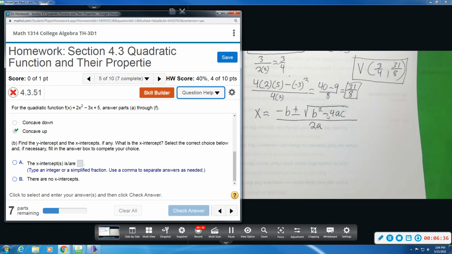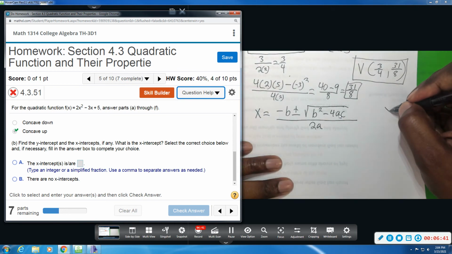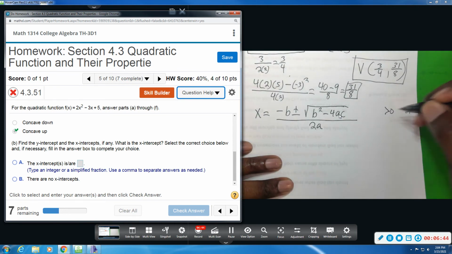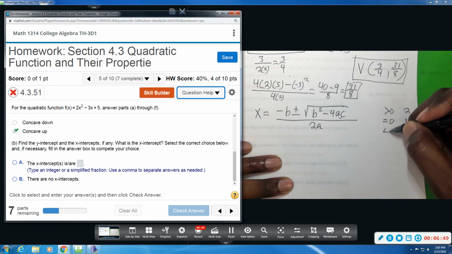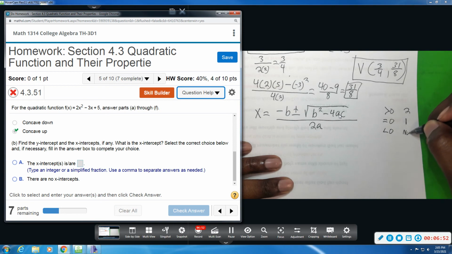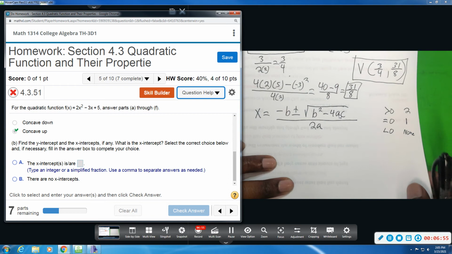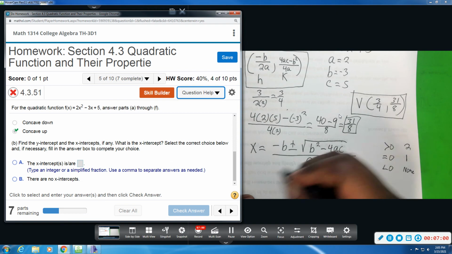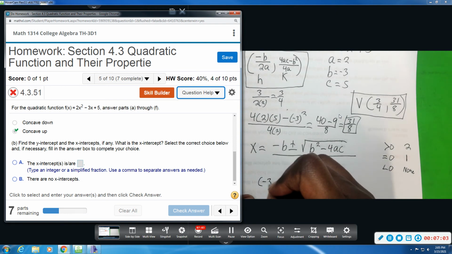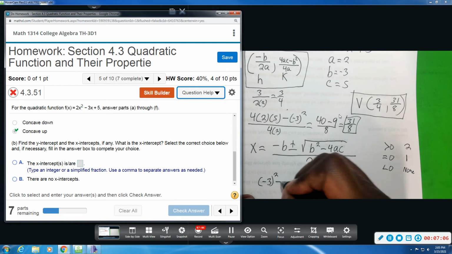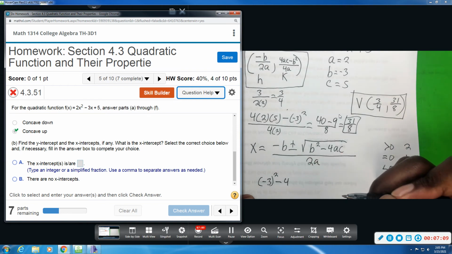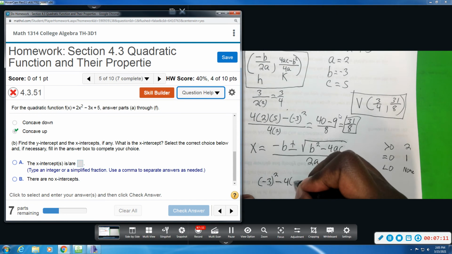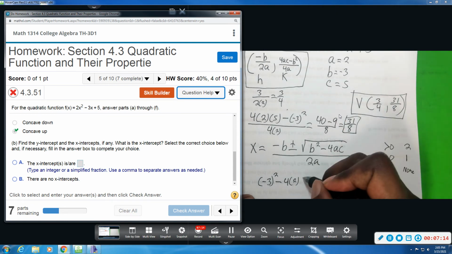So let's just do this part first, the b squared minus 4ac. Either it will be greater than 0, which means we have 2, equal to 0, which means we have 1, or less than 0, negative, and we have none. All right, up above we have our a, b, and c. So if I just extract this part, b squared would be negative 3 squared minus 4 times a, which is 2, times c, which is 5.